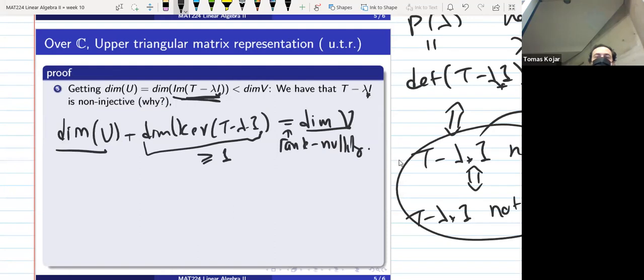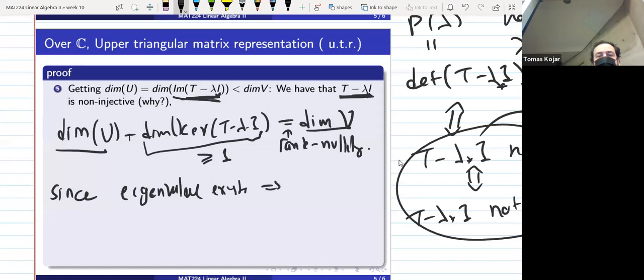Since the eigenvalue exists, the eigenvector exists. It can be complex, the lambda.